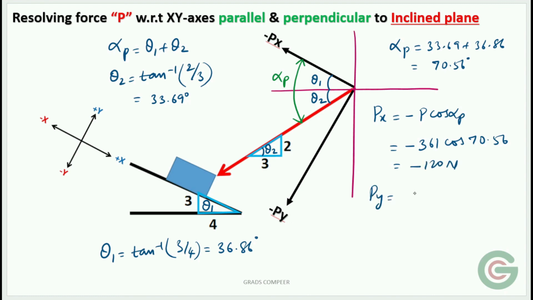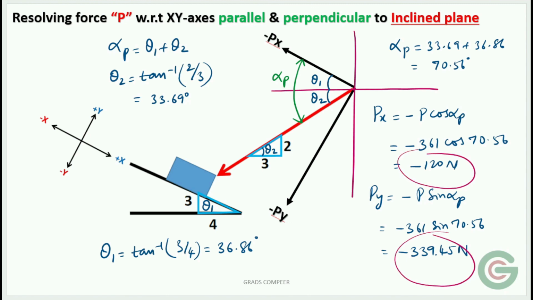Similarly, Py is equal to minus P sin alpha P, which is nothing but minus 361 sin 70.56, which is equal to minus 339.45 Newton. So we have calculated the components of P, Px and Py with respect to an axis which are drawn parallel and perpendicular to the inclined plane.